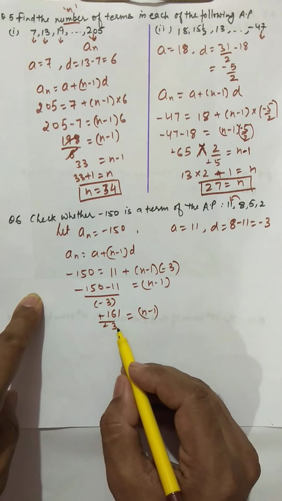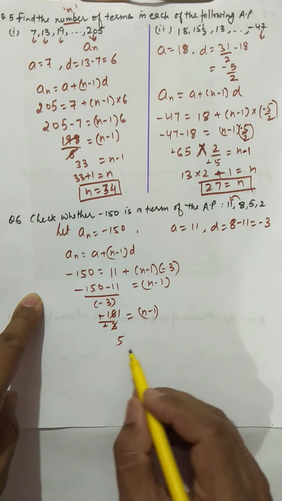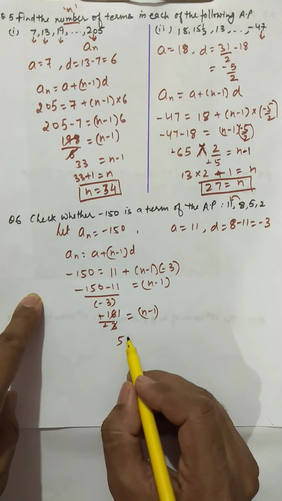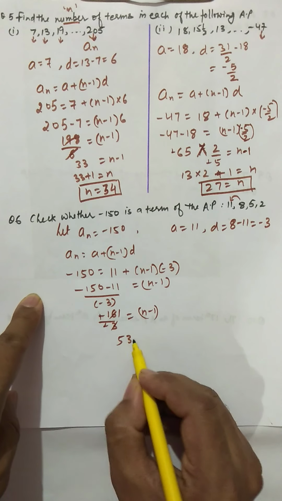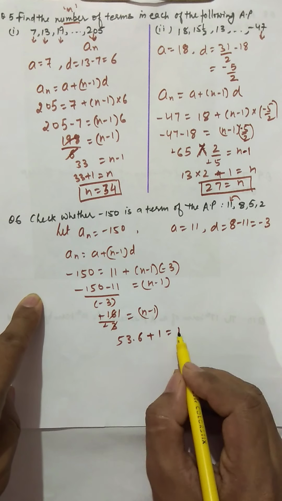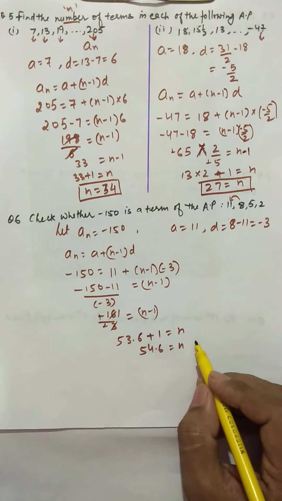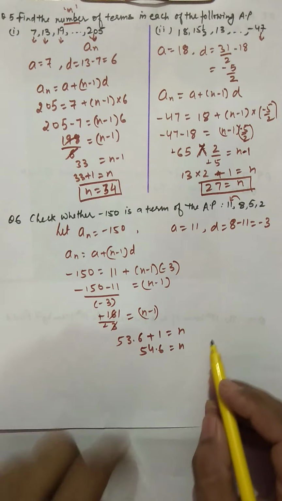So minus minus got cancelled, and you'll get 53.6 something, and plus 1 you do, you are going to get n as 54.6 something. So it means that n is not a natural number.